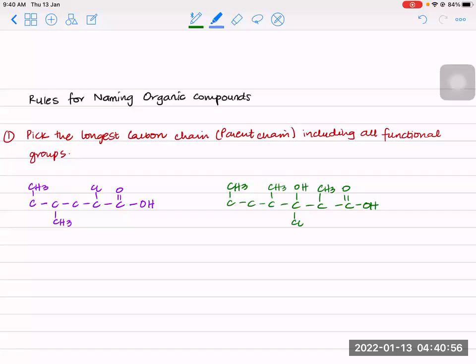Now let's pick the longest chain. 1, 2, 3, 4, 5, 6. 1, 2, 3, 4, 5, 6, 7.